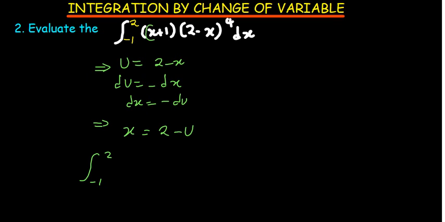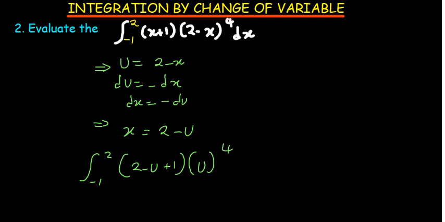Therefore the integral between 2 and negative 1, where there is x, we're going to replace. And what are we replacing in this case? Where there's an x, we are putting 2 minus u. And then there's a plus 1 which is here, and then where there is 2 minus x, we are replacing u, and that is raised to the power 4.